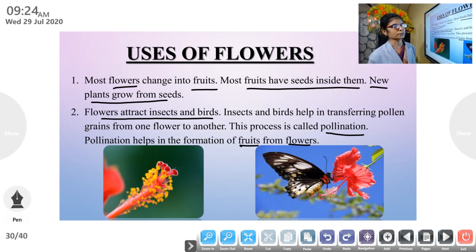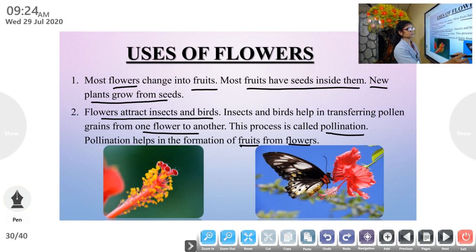That helps in pollination. What is pollination? The transfer of pollen grains from one flower to another is known as pollination. Pollination helps in the formation of fruits from flowers. Understood? Is it clear?